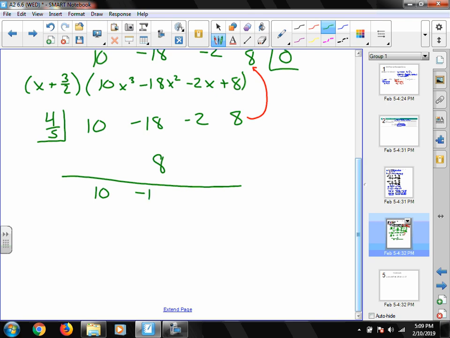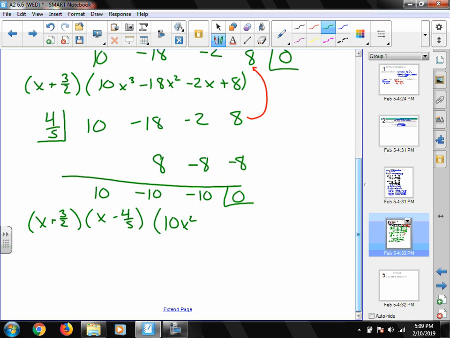Add that to -18, I get -10, which will give me a -8, which gives me a -10, and again a -8 here, 0, and I have x plus 3 halves times x minus 4 fifths times 10x squared minus 10x minus 10.